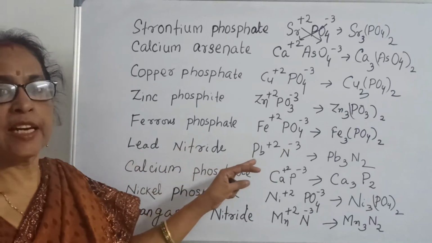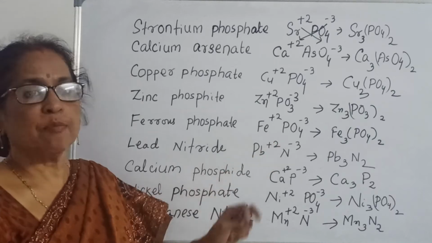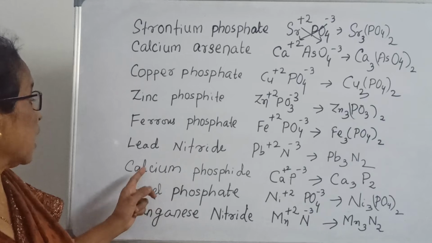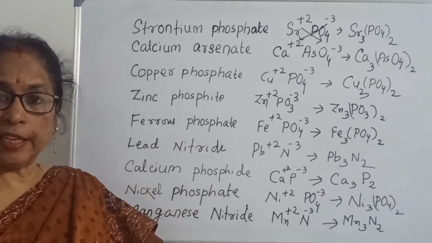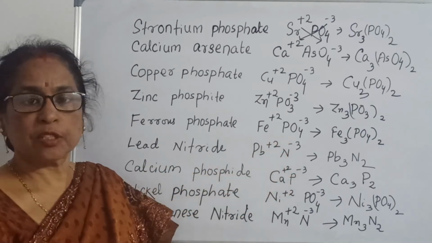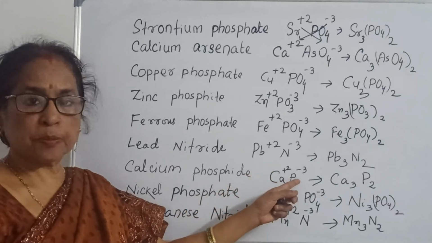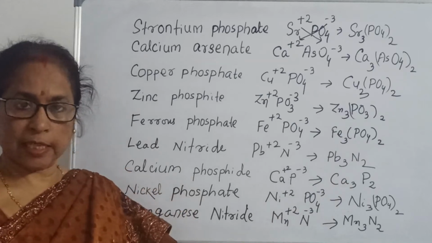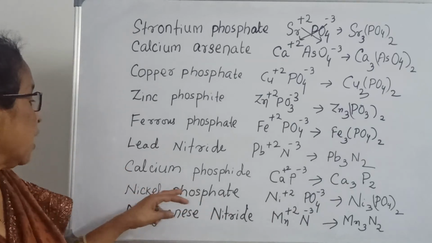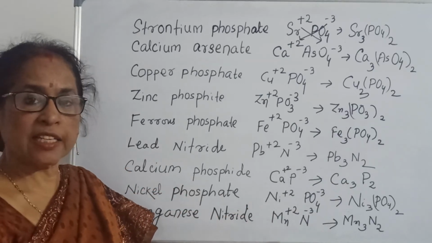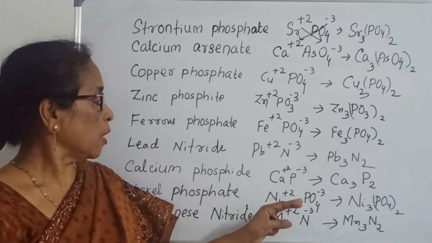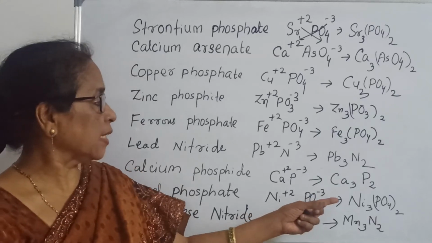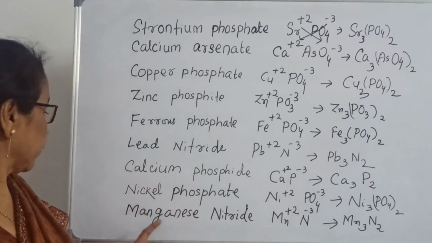Lead nitride. Lead means Pb plus 2, N minus 3. So it comes to Pb3N2. Calcium phosphide. Phosphide means P minus 3. So 2 comes to phosphorus, 3 comes to calcium. So the formula becomes Ca3P2. Nickel phosphate. What is nickel? Ni charge is plus 2. Phosphate PO4 minus 3. So the answer is Ni3(PO4)2.